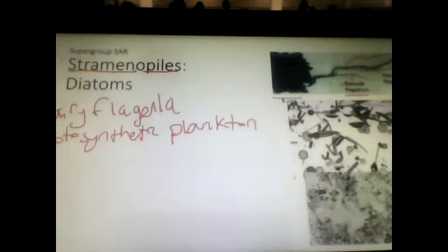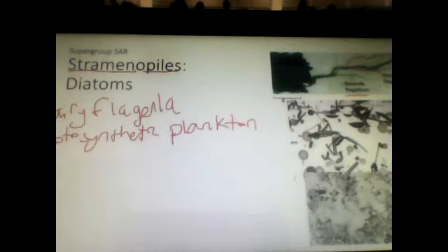These are really important photosynthetic organisms, really important again for the ecosystem and the cycling of nutrients. They're the bottom of a lot of food chains. They're plankton.